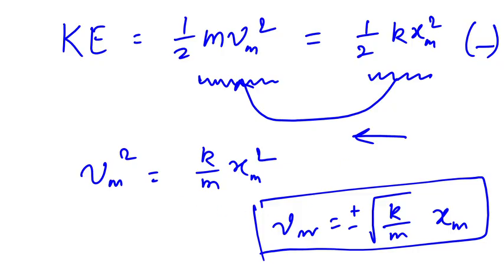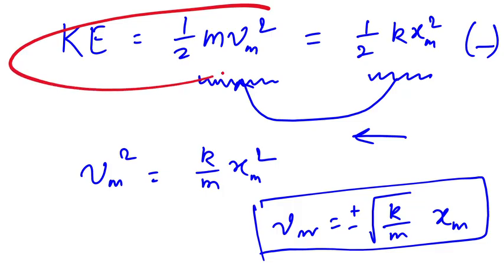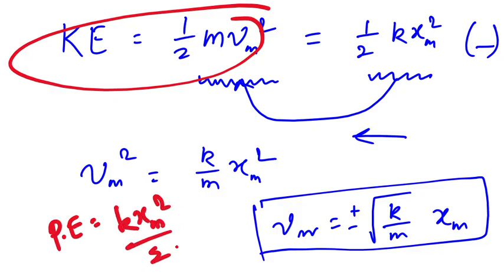And if we want to draw a combined graph for kinetic energy as well as potential energy, kxn square by 2. Mind it, this is for maximum velocity and this is for maximum displacement. But there are intermediate situations possible, where x is not xm but somewhere between 0 and xm.